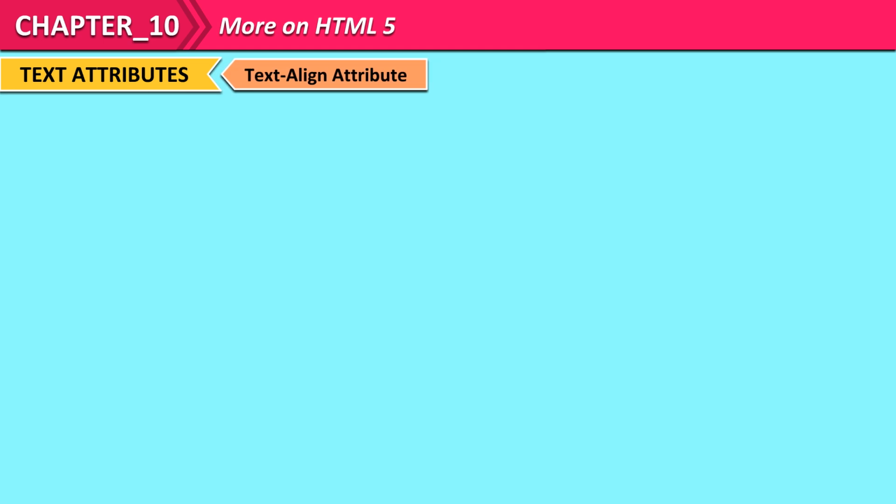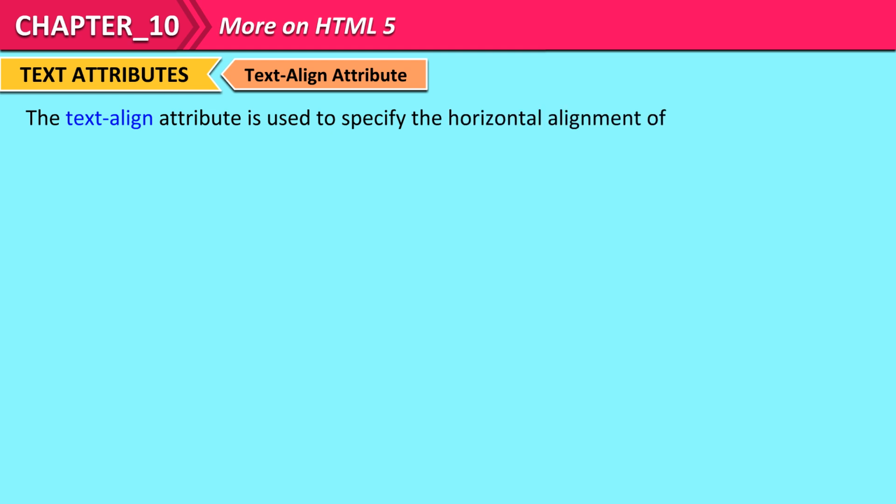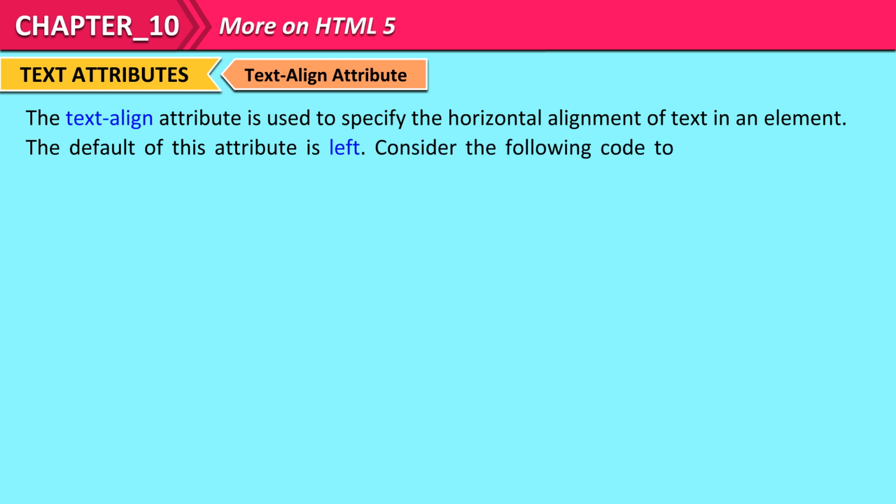Text align attribute. The text align attribute is used to specify the horizontal alignment of text in an element. The default of this attribute is left. Consider the following code to set the text align attribute of different HTML elements.